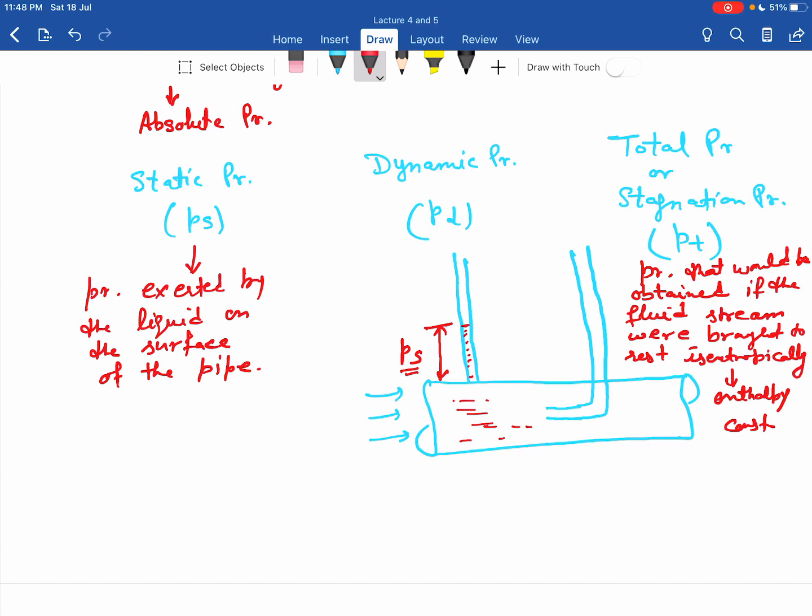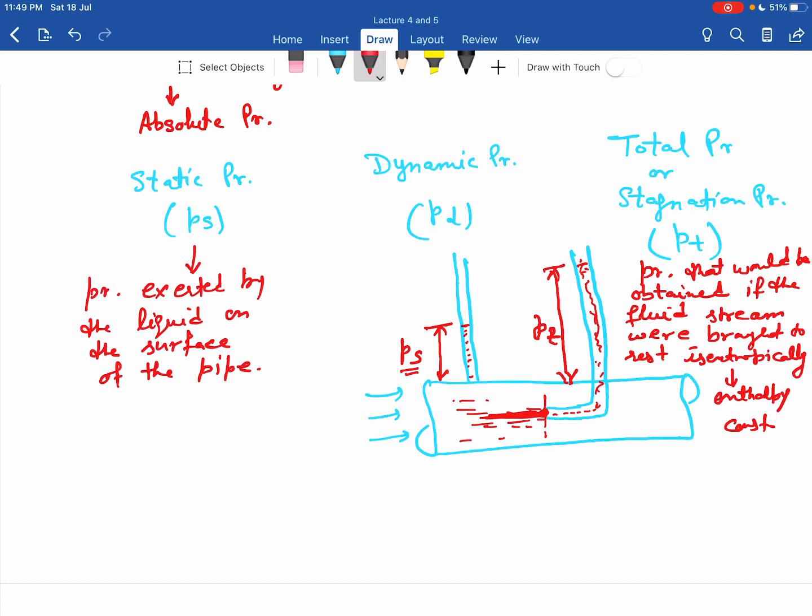Now if this fluid is flowing through this pipe and you bring this fluid stationary at the entrance of the pipe, what happens? When fluid comes to this pipe, the fluid rises, and after a certain time you see that this layer of fluid is in stationary condition or at rest. So this condition at this point becomes isentropic. In this case, whatever the liquid rise, that gives you the value of total pressure or stagnation pressure.